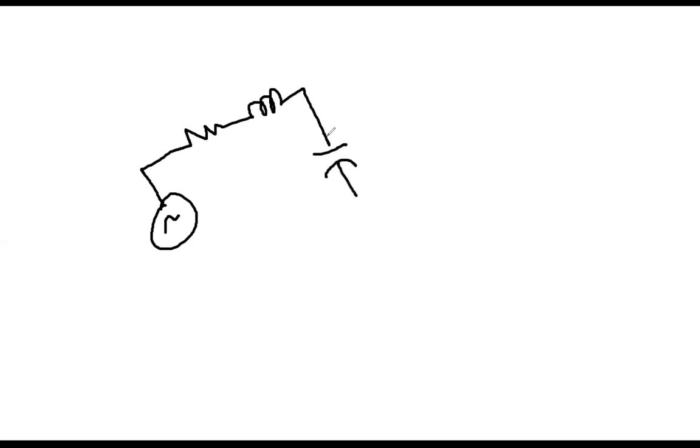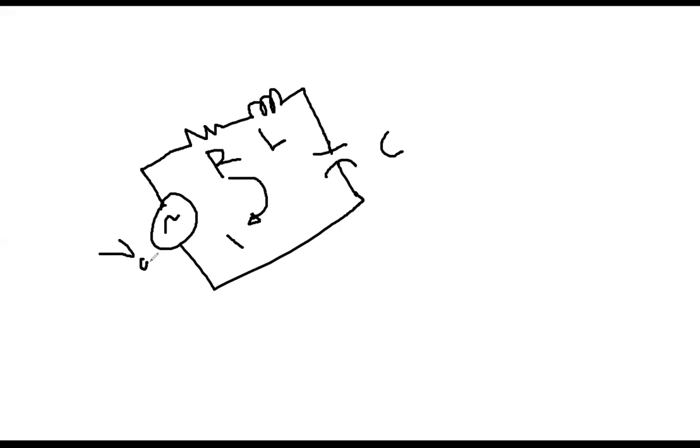Okay, so for example, this is your voltage source. There is AC voltage. You have R, you have L, and you have C. The current flowing is I, and this is the AC voltage.